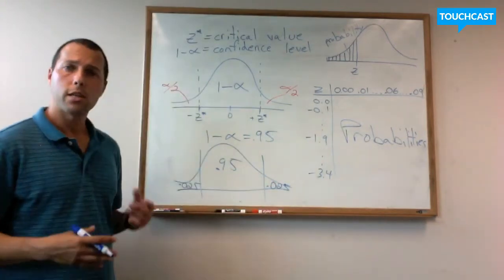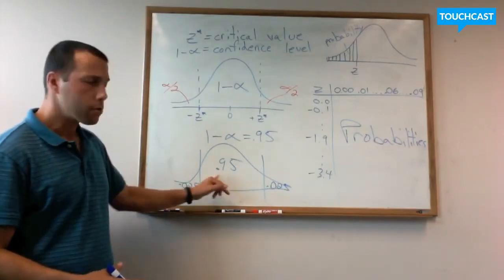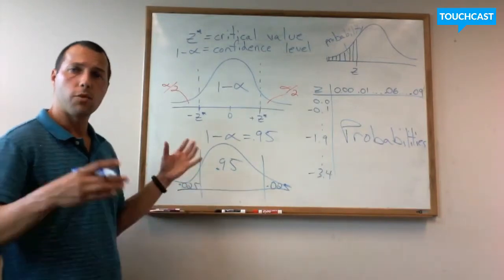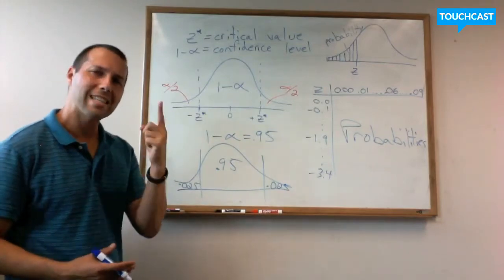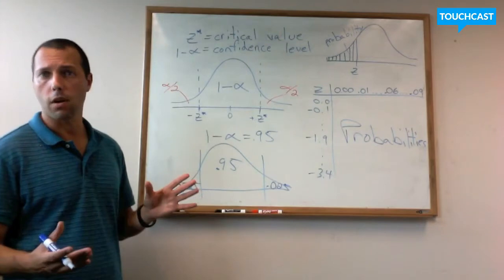And so a nice quick check is that if you draw a diagram like this, you've got 95%, 2.5% on each side. You add up those three numbers, it has to equal 100%. It has to. If it doesn't, something's wrong.